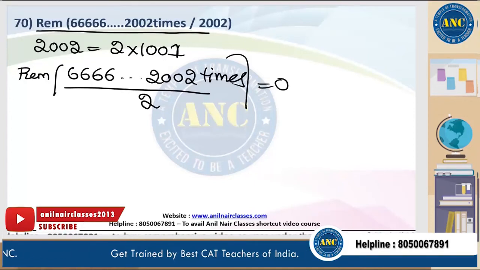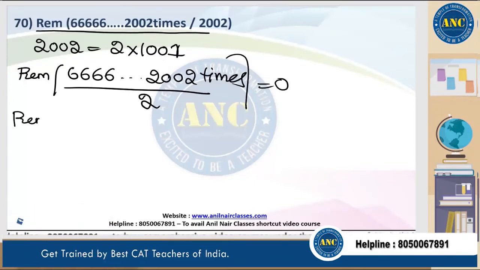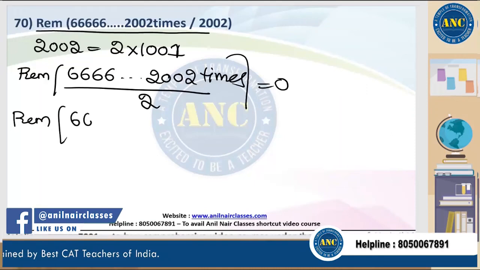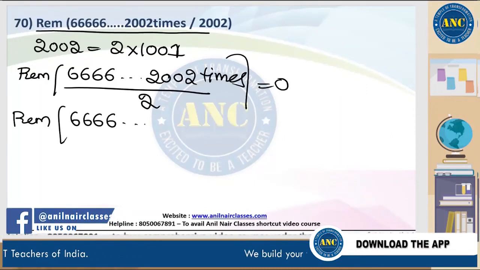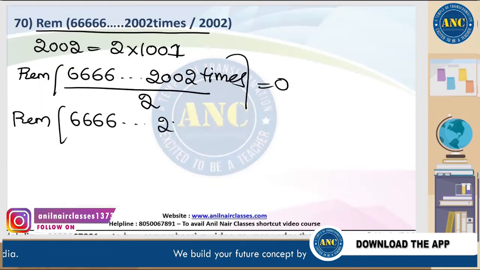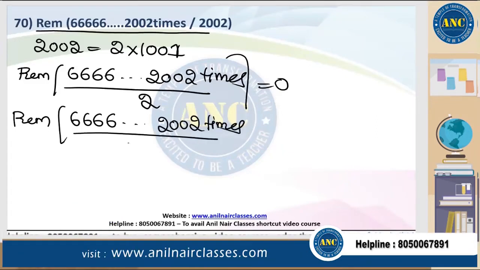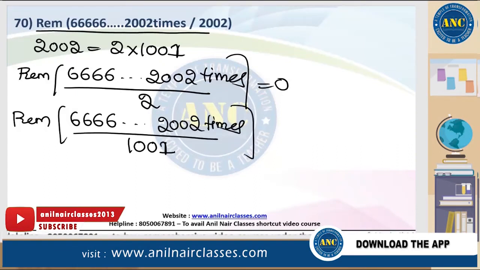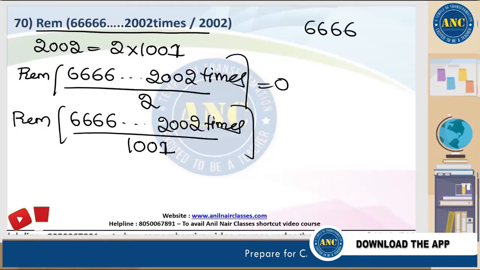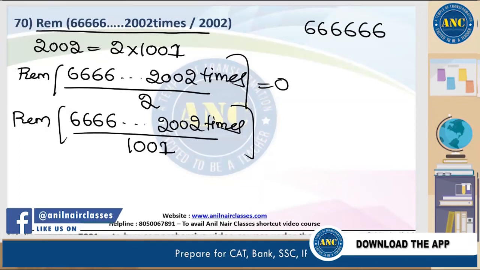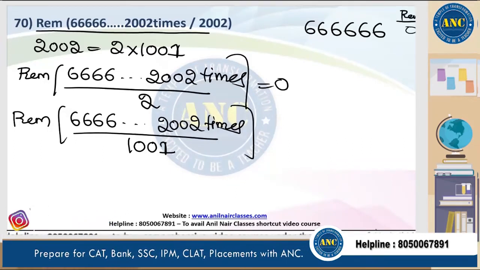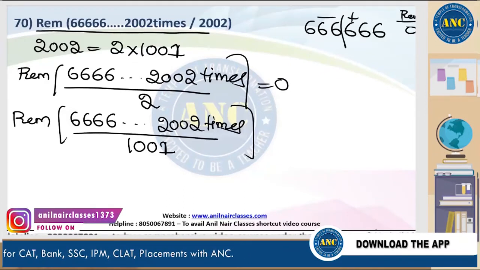First is 2a. Next is 1001. 666666 written 2002 times divided by 1001. A 3-digit number written an even number of times gives remainder 0.